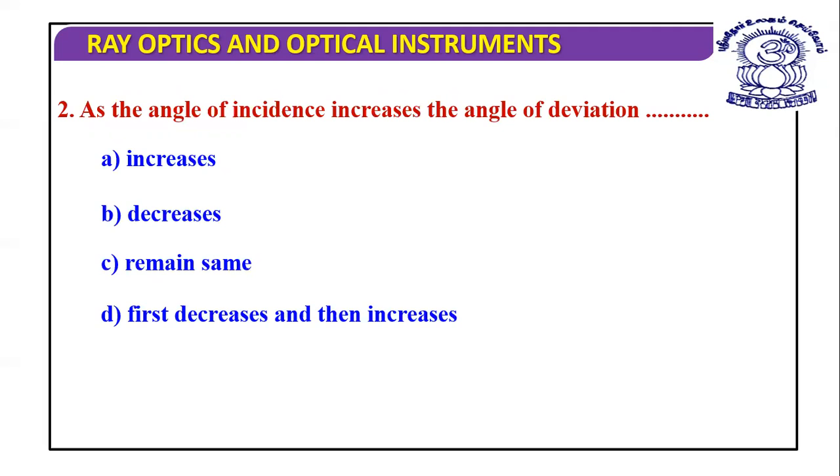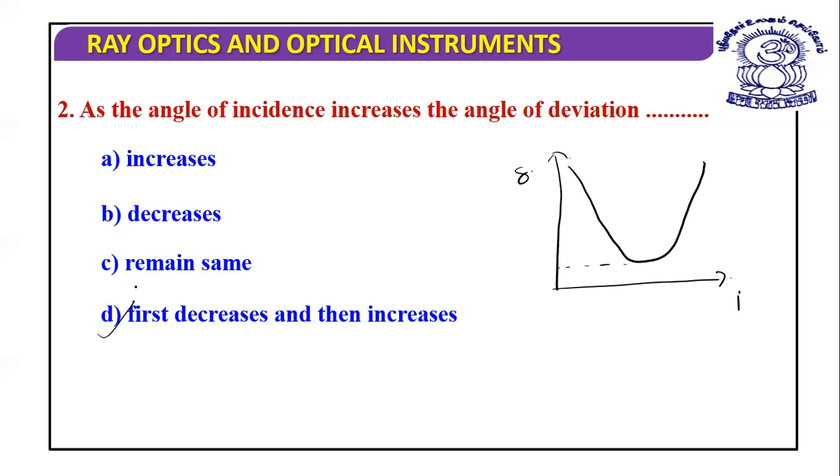We can derive it from the graph. First the angle of deviation decreases, and after achieving the minimum value, it will start increasing. So option D is correct.